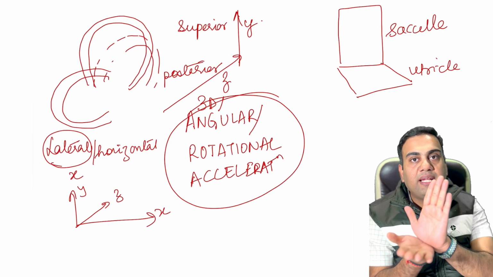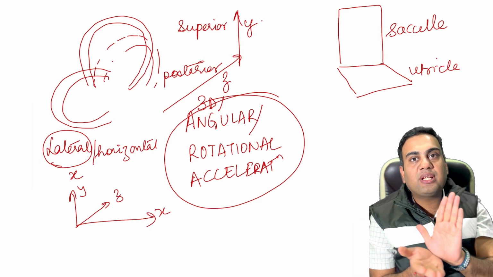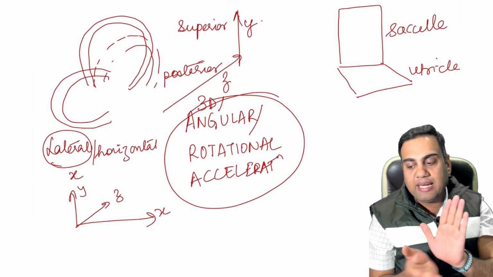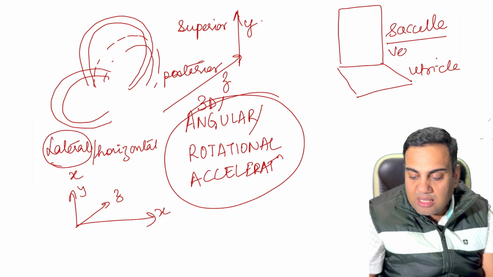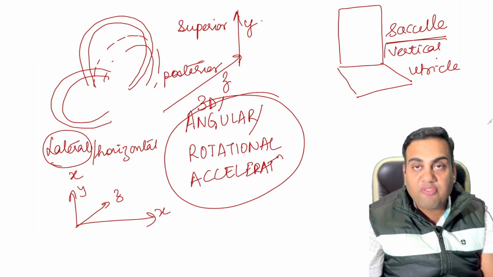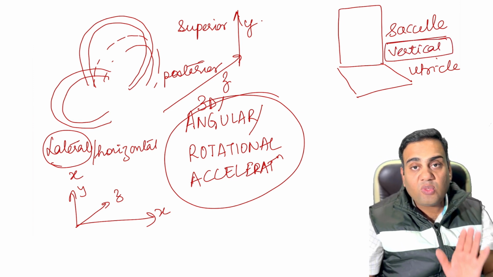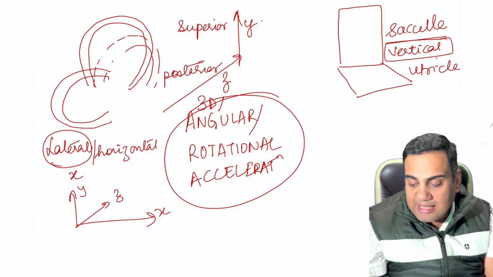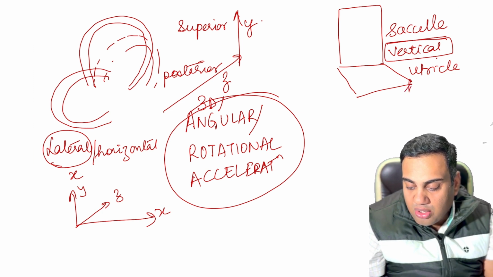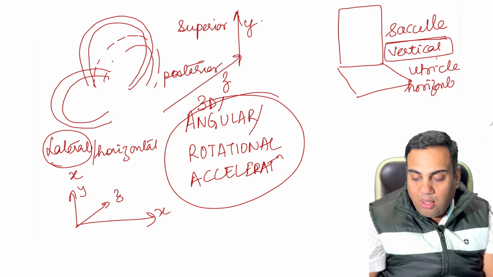So saccule is responsible for our acceleration in the vertical dimension, right? So saccule will be responsible for vertical acceleration, whereas utricle will be responsible for our horizontal acceleration.